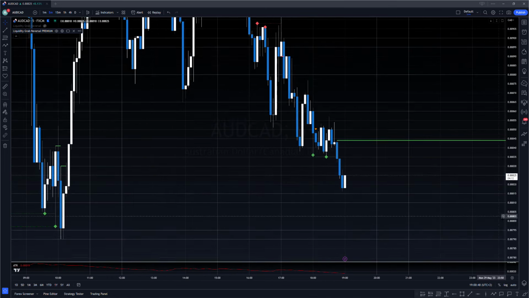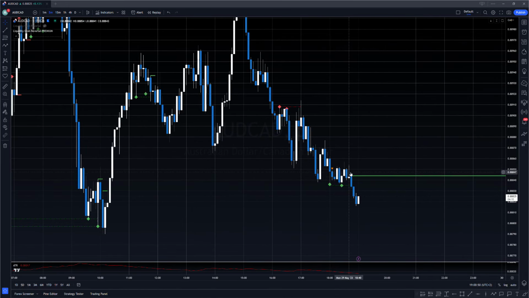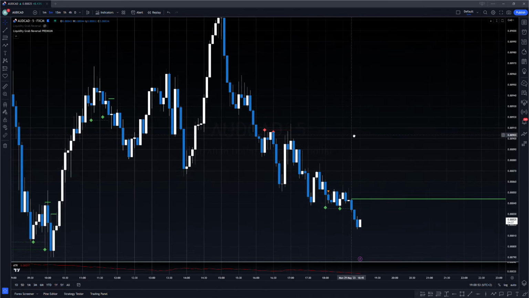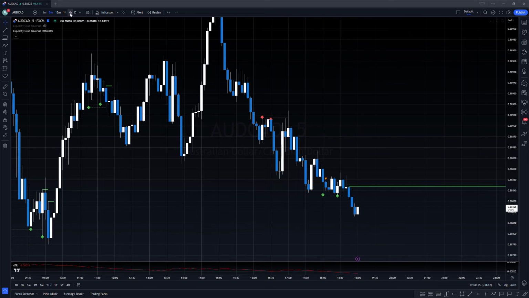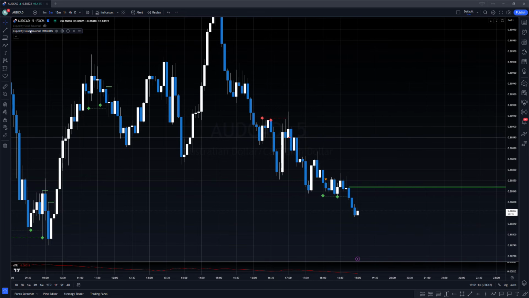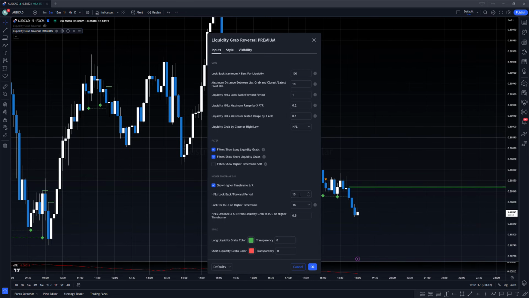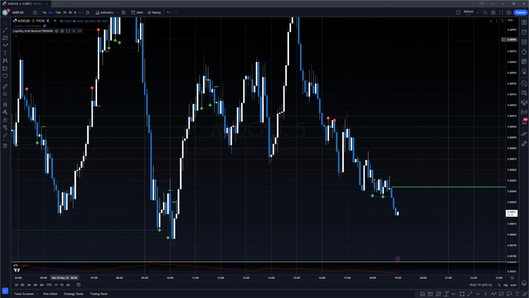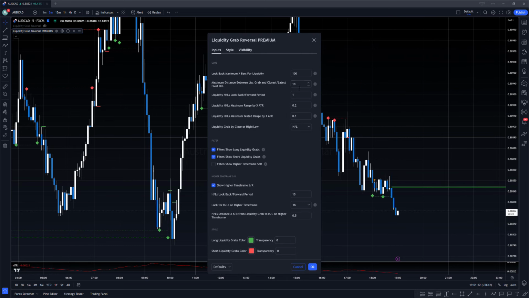So if you want to find the best trades, these liquidity grab reversals should happen at the higher time frame lows, structure lows or structure highs, or for example at higher supports and higher resistances, because there is a higher probability that the reversal will happen. So if I turn it on, oh, it's turned on, okay.